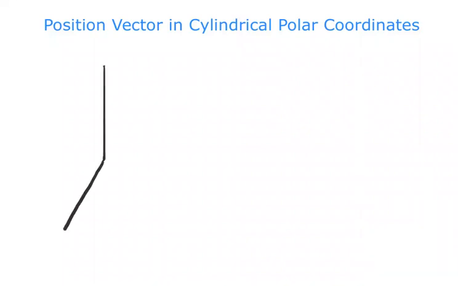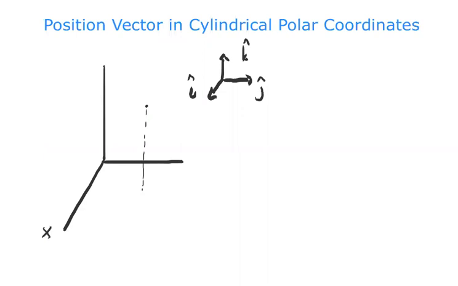So again, my unit vectors tell me something about the orientation: i hat, j hat, k hat using the right-hand rule. In cylindrical polar coordinates, if you want to specify the coordinates of that point, you drop a line that's perpendicular to the xy plane.